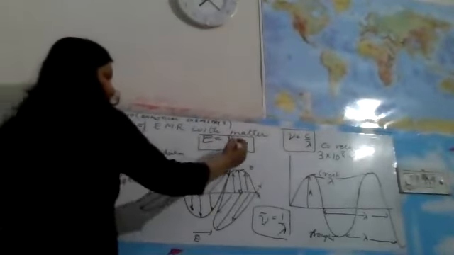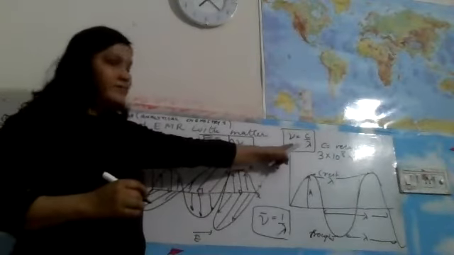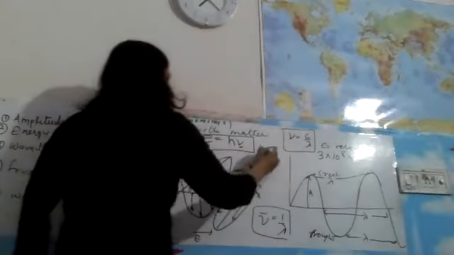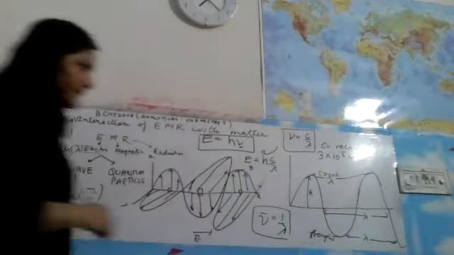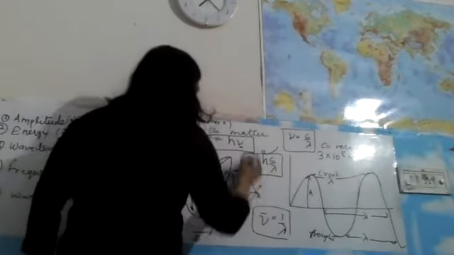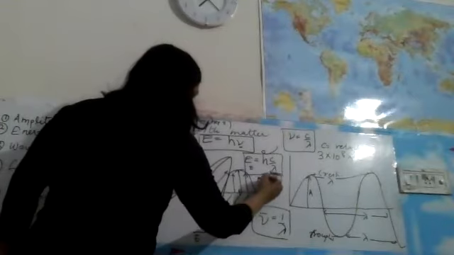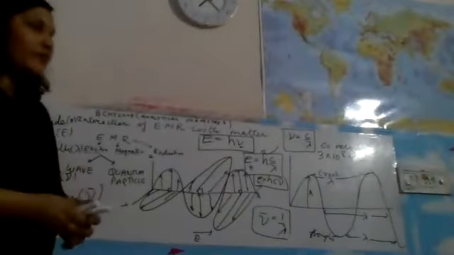If we substitute the value of frequency from here to here, then we will get E is equal to hc by lambda. This is also one of the formulas of energy, or we can substitute the value of 1 by lambda over here, then we will get one new formula, that is E is equal to hc nu bar.